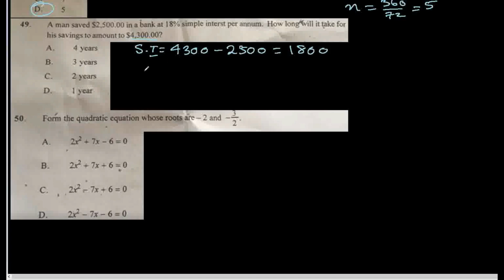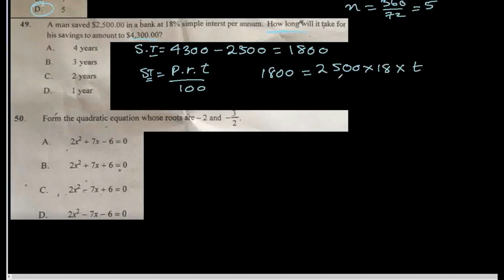This is simple interest. So SI is PRT over 100, right? SI is 1800, principal is 2,500, rate is 18%, time we want to find out.